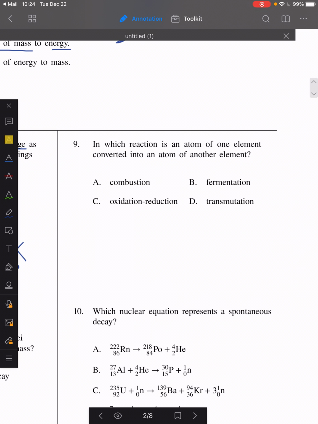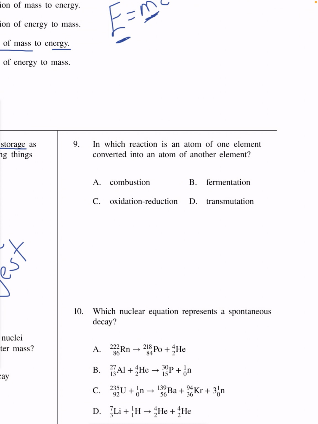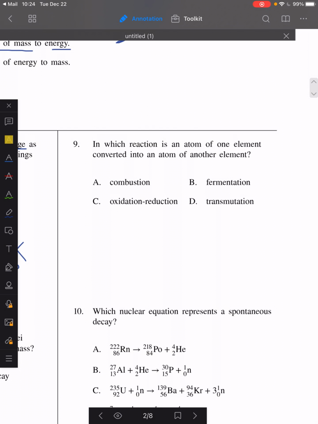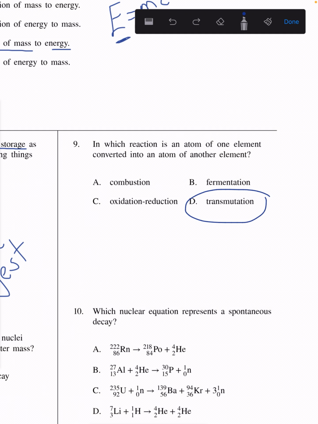I went through all 7 examples from the last 7 years. They ask similar questions. Look, in which reaction is an atom of one element converted into an atom of another element? The answer is transmutation.